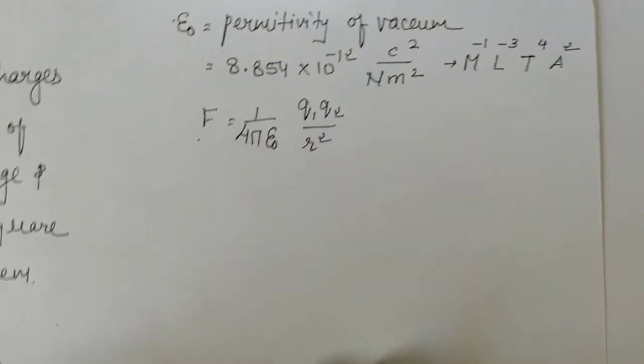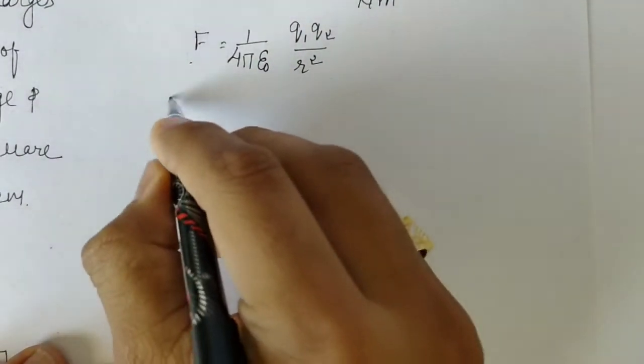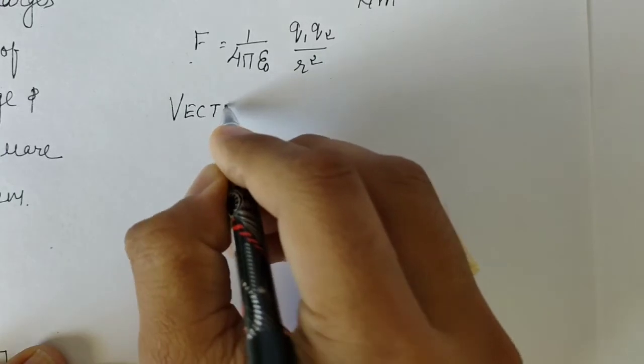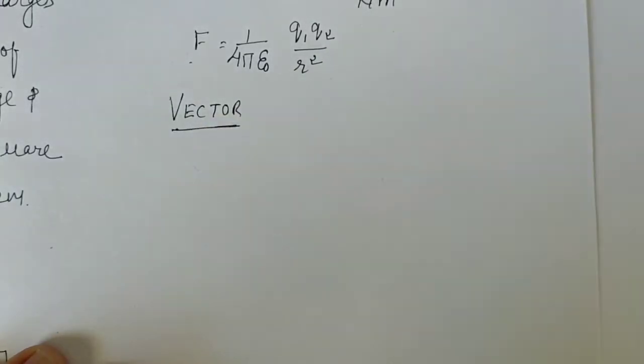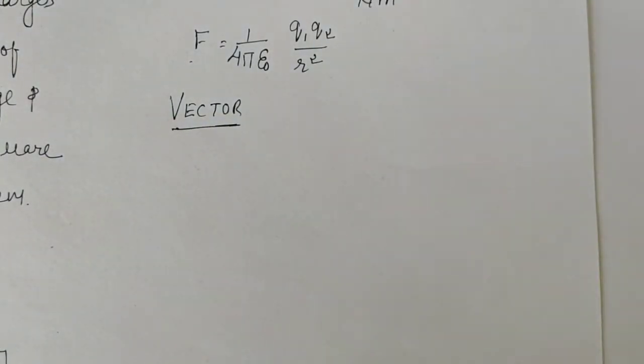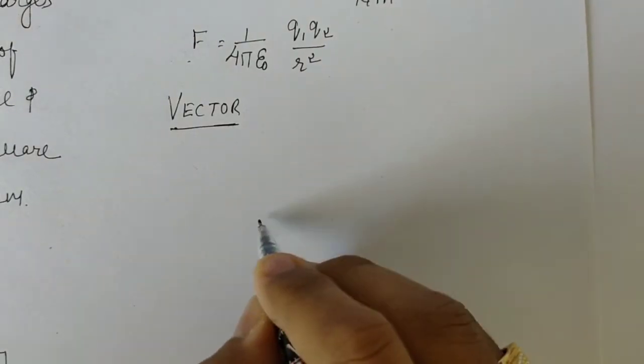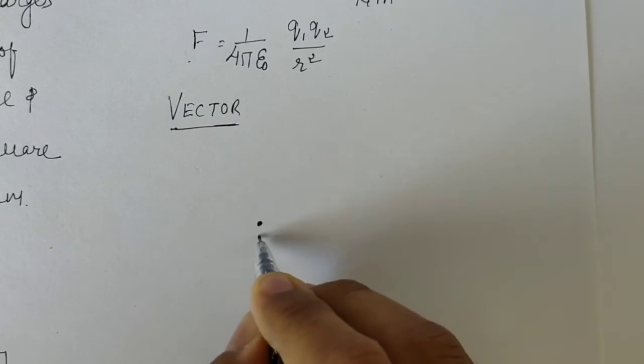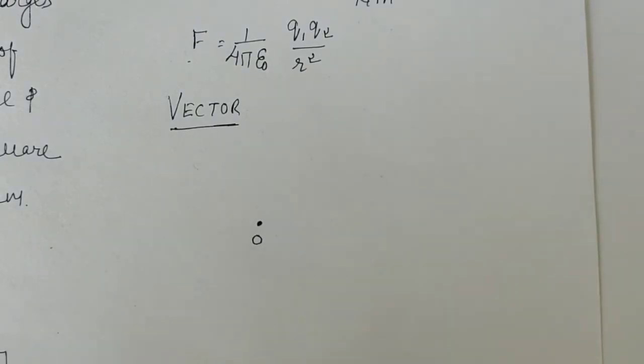Now let's discuss the vector form of the force. Vector form is most important for numericals when directions are required. Now consider a reference point.